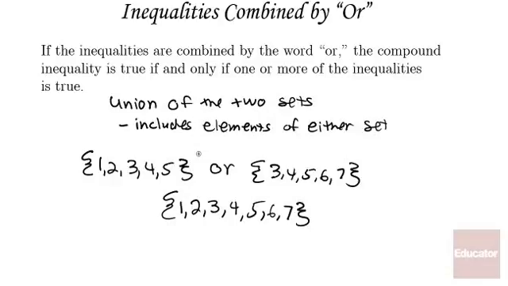Looking at examples, applying this to examples. I'm being asked to solve the compound inequality given up here. The way I'm going to go about this is I'm going to solve one inequality, solve the other inequality, and then I'm going to find the area of overlap between the two solution sets. So I just solve as usual, starting out with the first inequality. 2x minus 3 is less than or equal to 6.